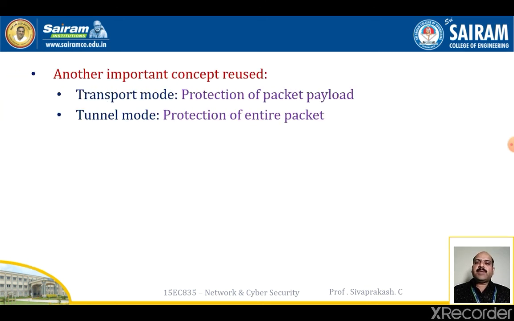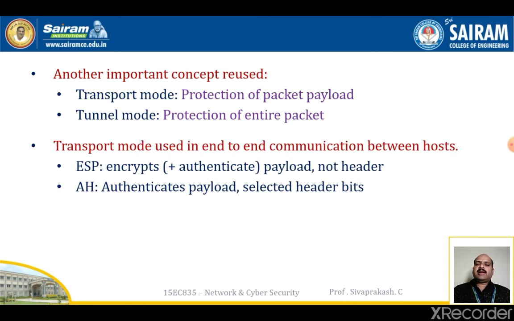Another important concept to recall: transport mode protects the packet payload, and tunnel mode protects the entire packet. Transport mode is used in end-to-end communication between hosts. ESP encrypts plus authenticates the payload, not the header.